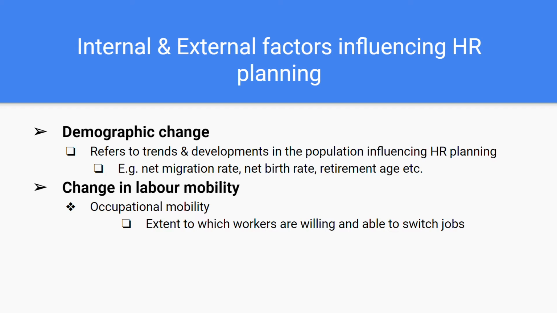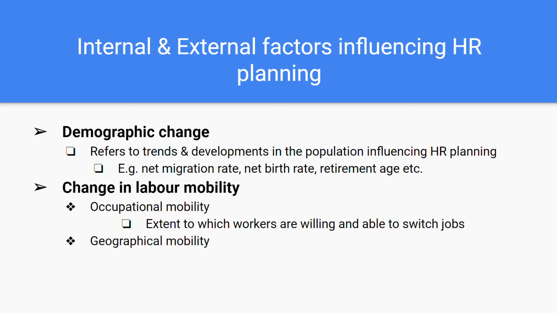One is their ability to switch jobs, and the other one is their willingness to switch jobs. So it includes both of these elements. And occupational immobility, on the other hand, means the exact opposite. It means that the workers are not really willing and not able to switch jobs.